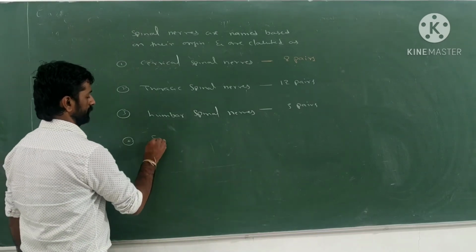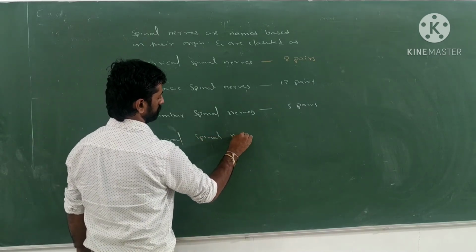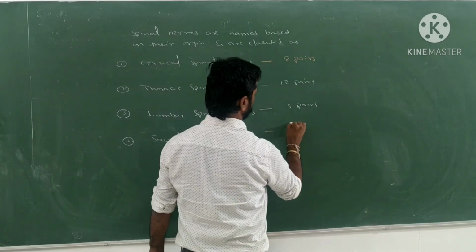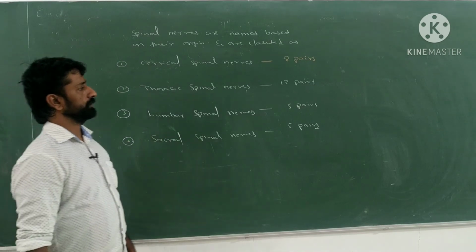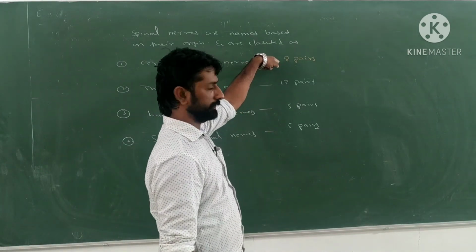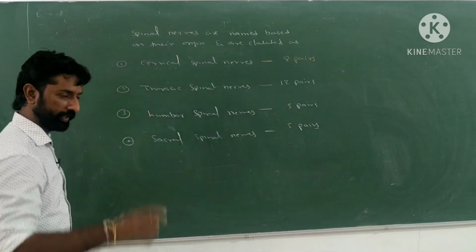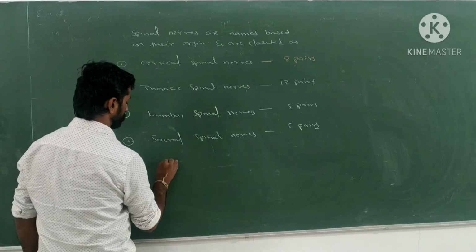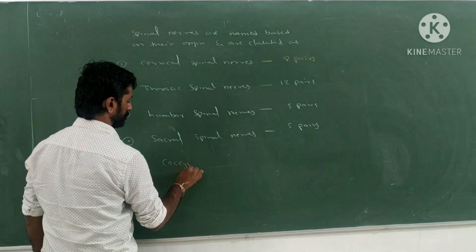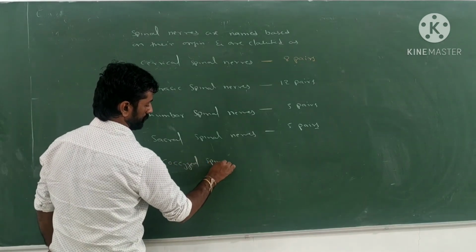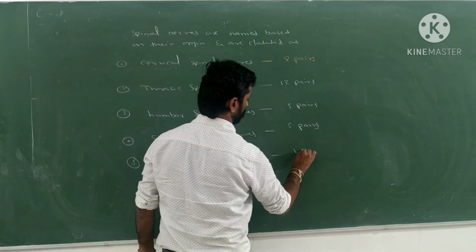Okay, next is the sacral spinal nerves. So how many pairs are there here? Here also 5 pairs of spinal nerves arise from it. So 12 plus 8, 20, then 5 pairs and 5 pairs, 30 pairs are over, right? The remaining only 1 pair arises from coccygeal, right? So coccygeal spinal nerves, only 1 pair.